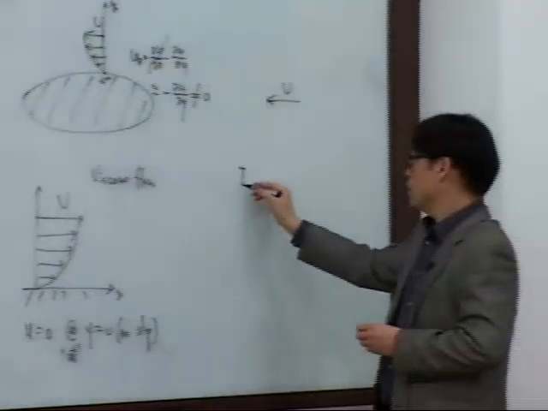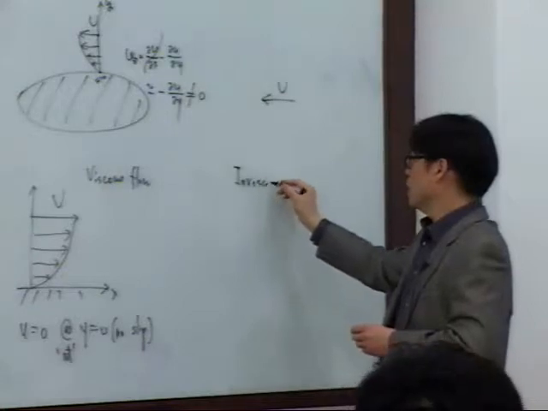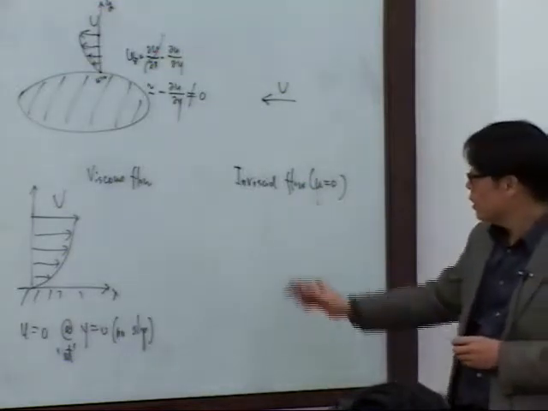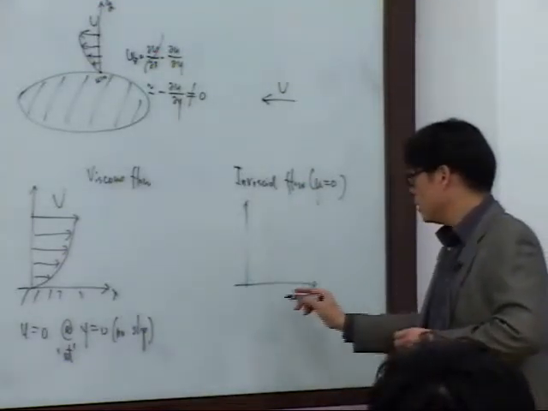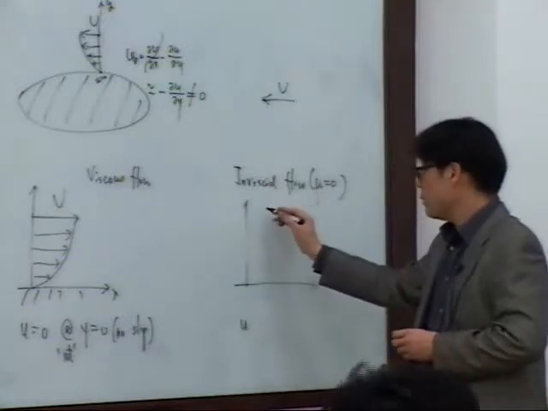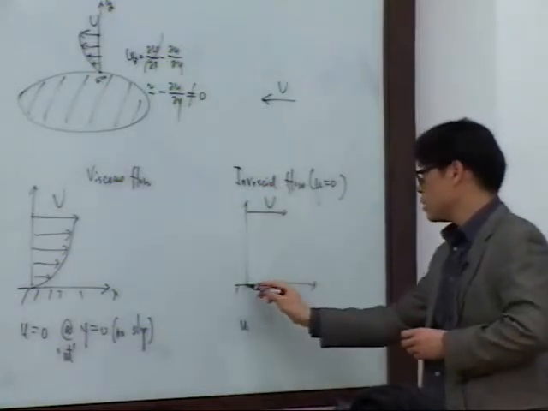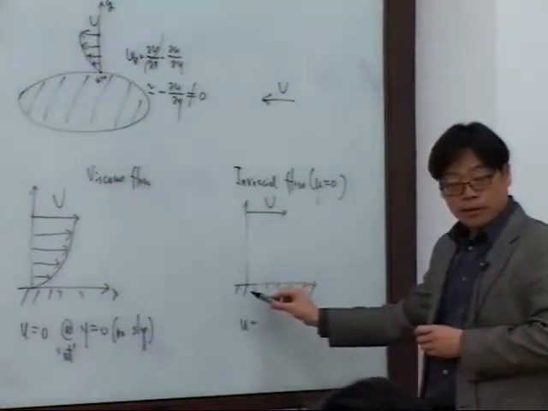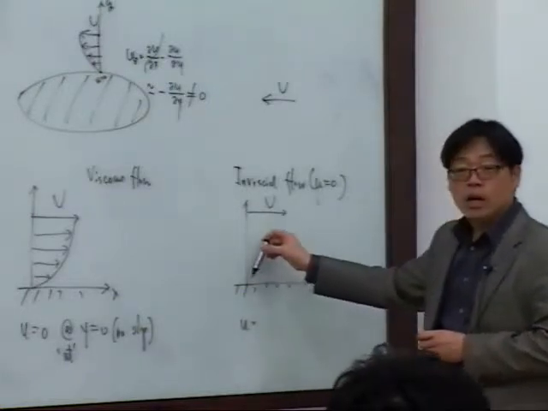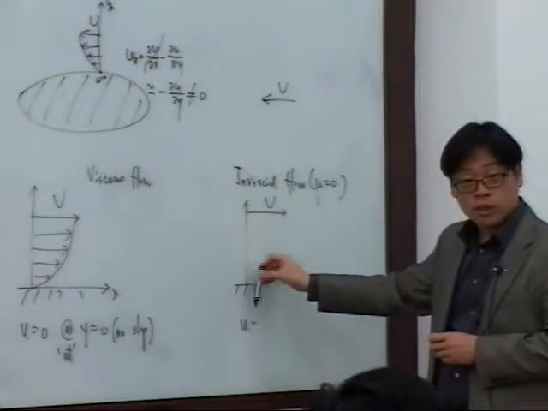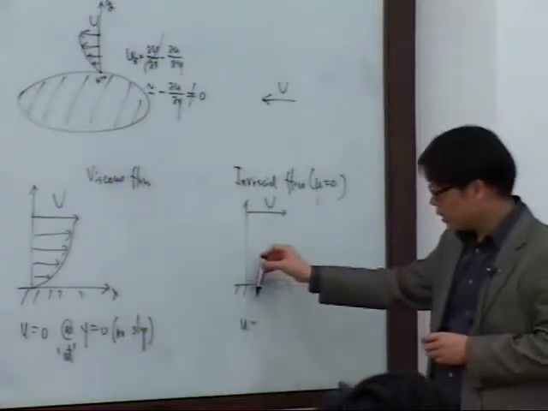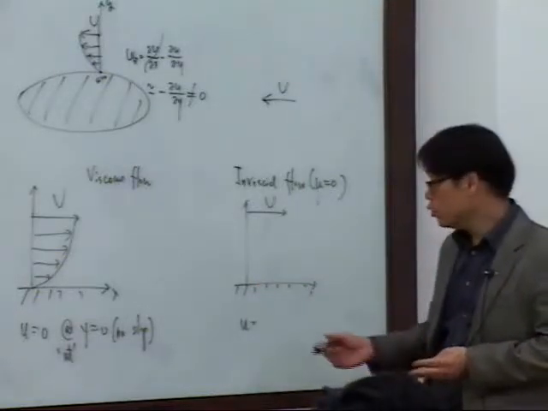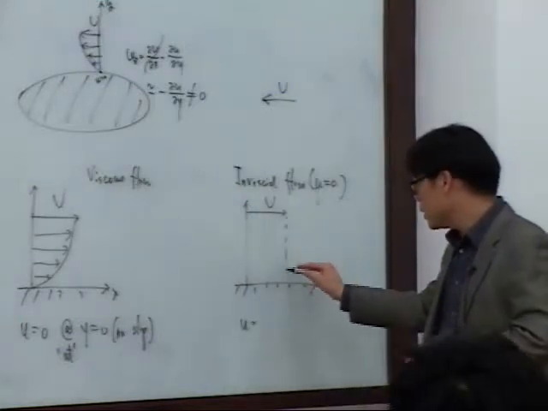But in inviscid flow, for which mu is identically 0, what happens? I have a velocity u here. So this is the boundary. The boundary condition at the boundary for inviscid flow is simply that the fluid cannot go into the solid boundary, meaning that the vertical velocity has to be 0. But there is no condition for u. So u can be anything, and that's what happens.